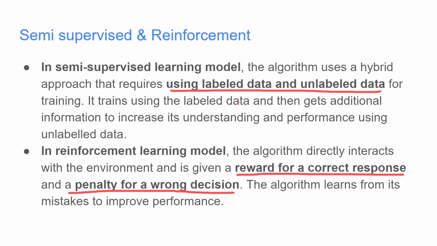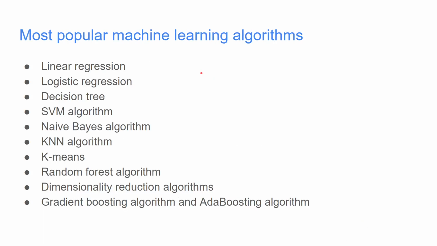Now next we'll see what the most popular machine learning algorithms are. The most popular machine learning algorithms are linear regression, which we are going to see today, what is linear regression and in depth how we are going to implement this linear regression model.